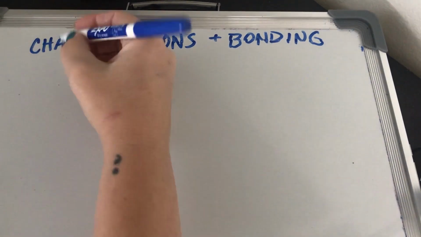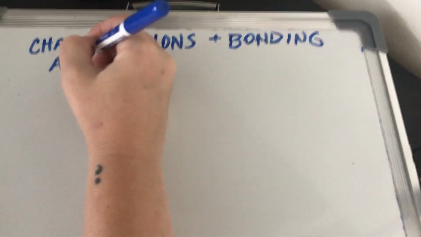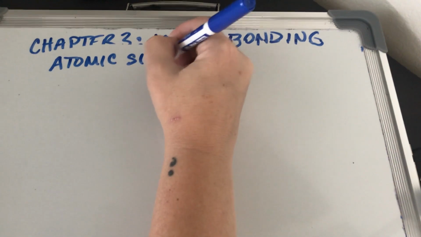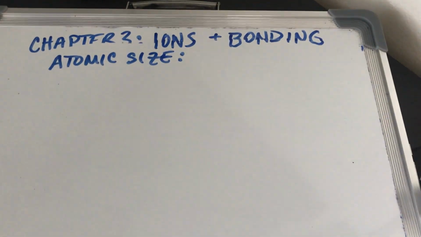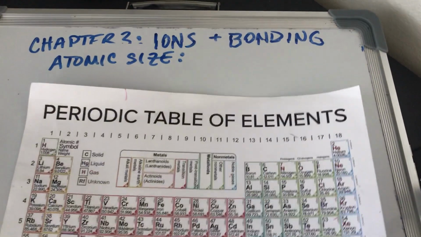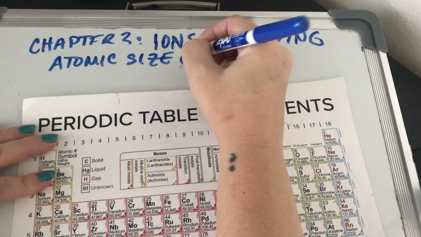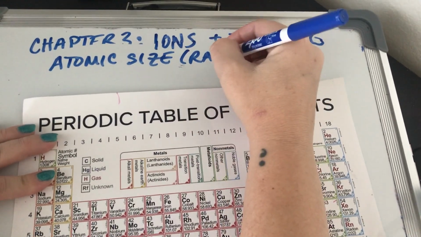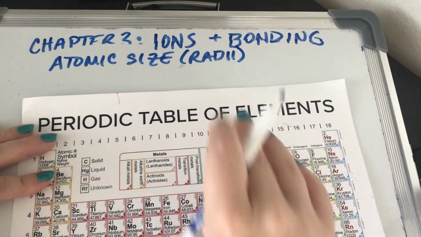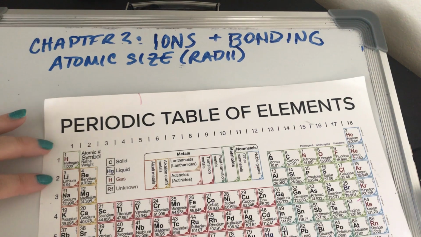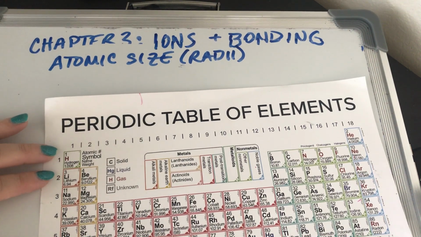Okay, so atomic size. This is also known as atomic radii. So atomic size or atomic radii. We're talking about a radius, right? That's looking at half the diameter.